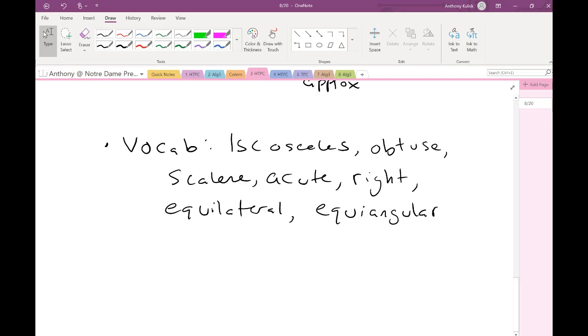Equilateral, all three sides are the same length. Equiangular, all three angles are the same measure. Is there a difference between equilateral and equiangular? What do we think? They are equivalent statements.